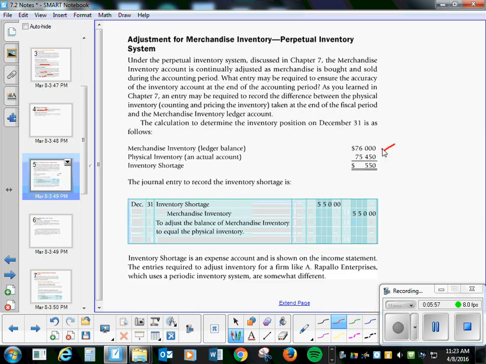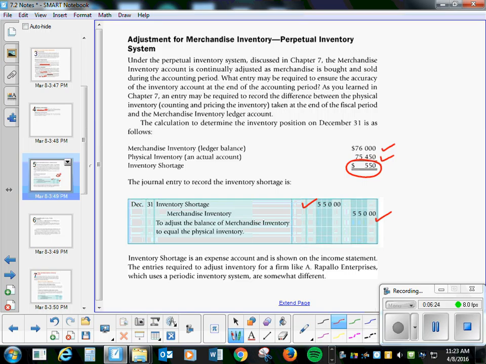The physical inventory, when you took the actual count, was 75,450. So the inventory that you were short was 550. The journal entry to record the inventory shortage looks like this. Inventory shortage debit of 550, and your merchandise inventory has to come down by 550. Inventory shortage is an expense account and is shown on the income statement.